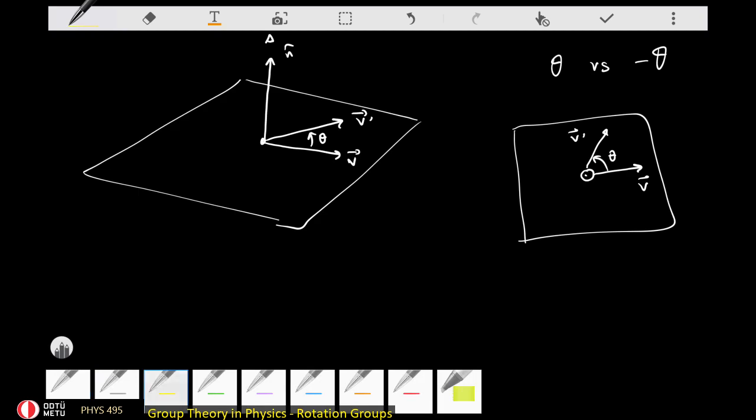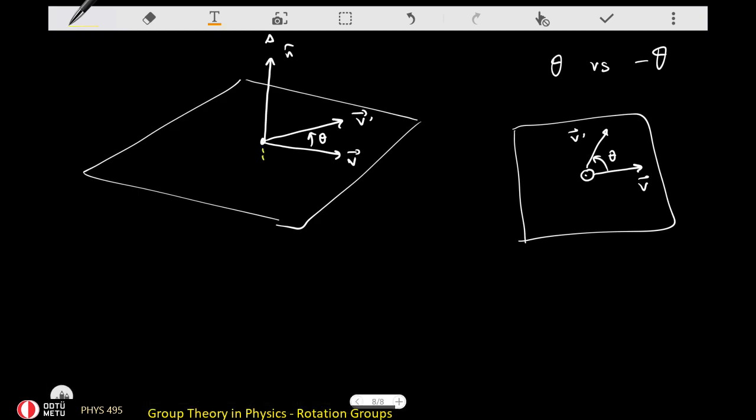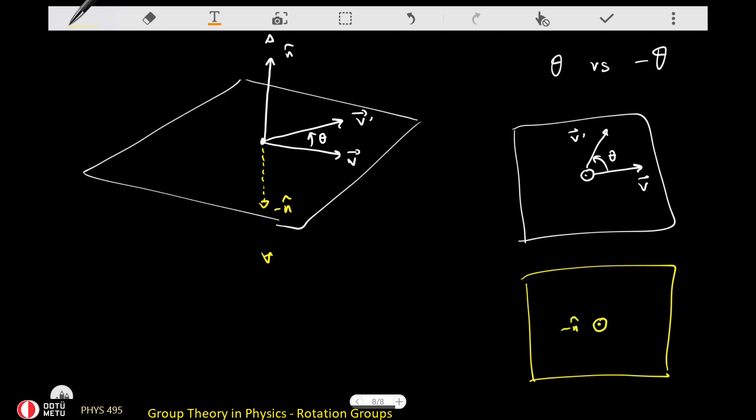But we have said that I can also describe the rotation axis as minus n. So as a result, I can look at the picture from this direction. So from that direction, the picture is going to look like this. So minus n is pointing towards us. Let's see, the vector v is going to point out like that, and then vector v prime would be pointing like this.